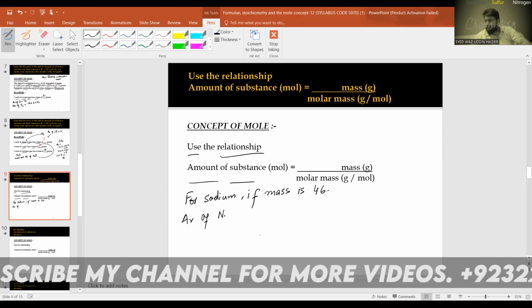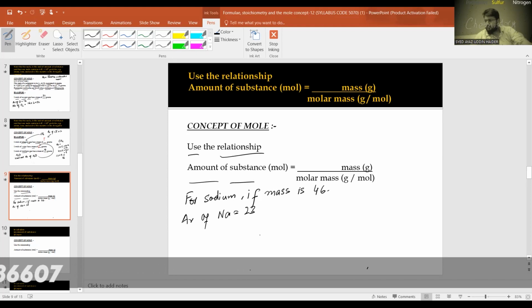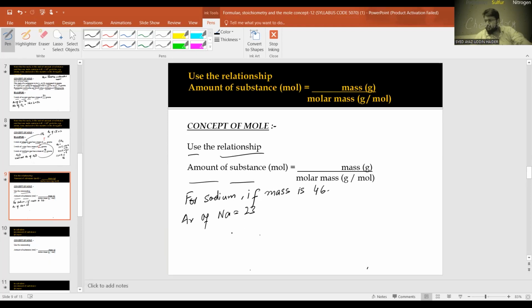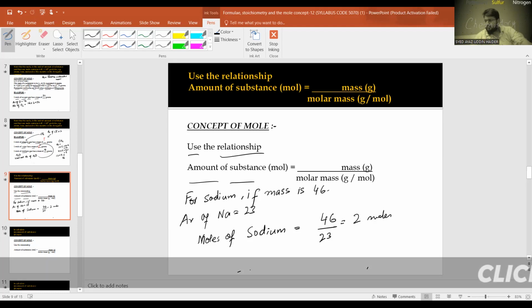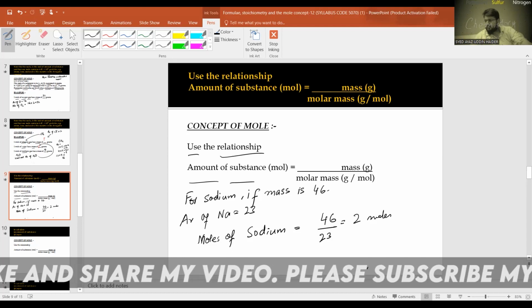AR of Na is 23, which means in order to find the moles of sodium, you have to divide the mass by the AR. 46 divided by 23, and we will get 2. So 2 moles of sodium.